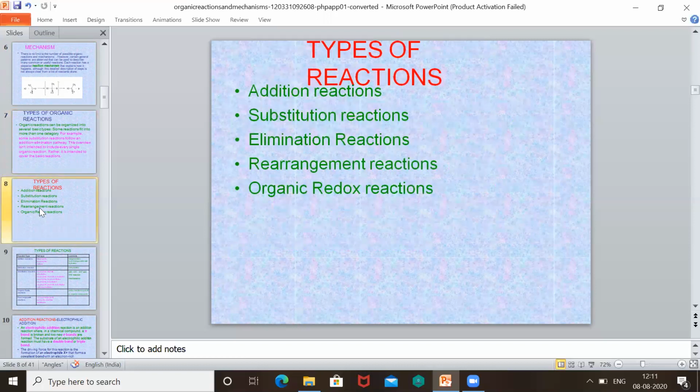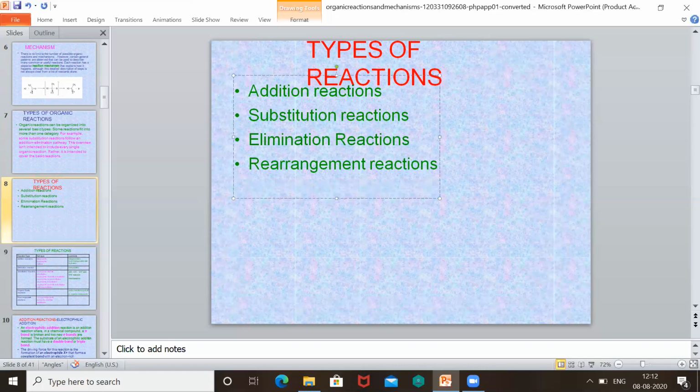Organic reactions may be addition reactions, substitution reactions, elimination reactions, rearrangement reactions, and redox reactions are other types also, but basically we arrange them in 4 types only. We don't go for the 5th one. That means organic reactions are basically of 4 types: addition reactions, substitution reactions, elimination reactions, and rearrangements.